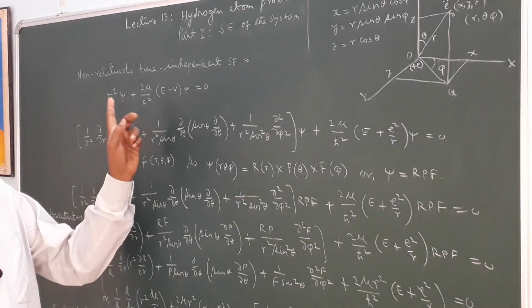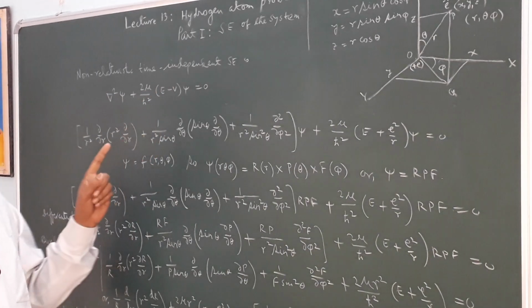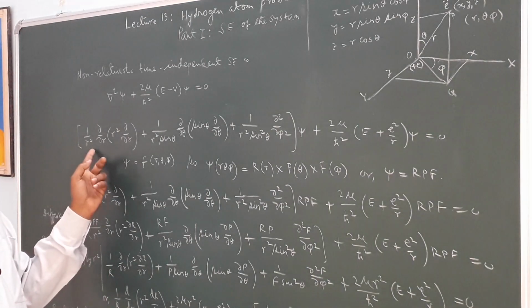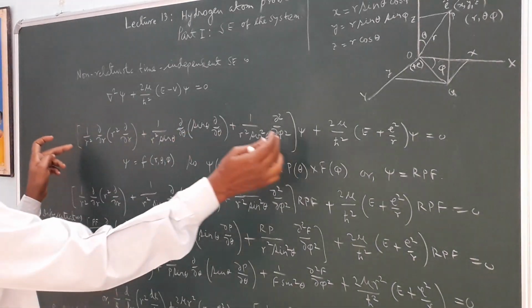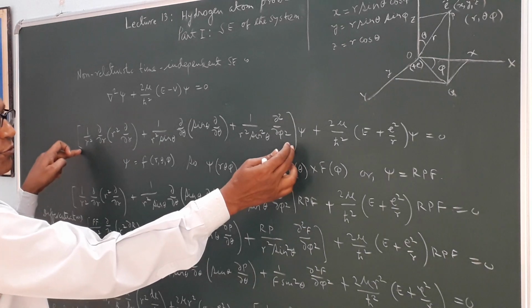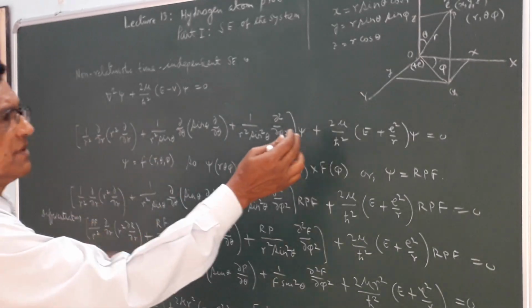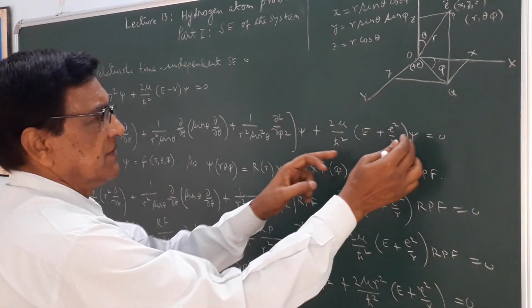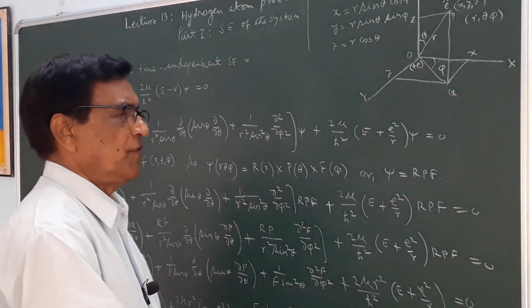The Schrödinger equation, when converted into polar coordinates, has del square written in polar coordinates, and psi plus this one also remains, equal to 0.